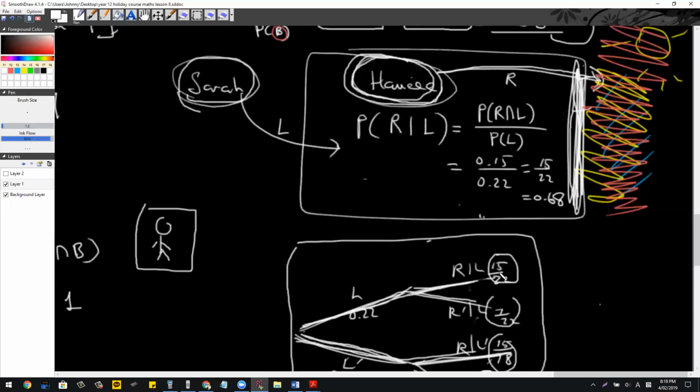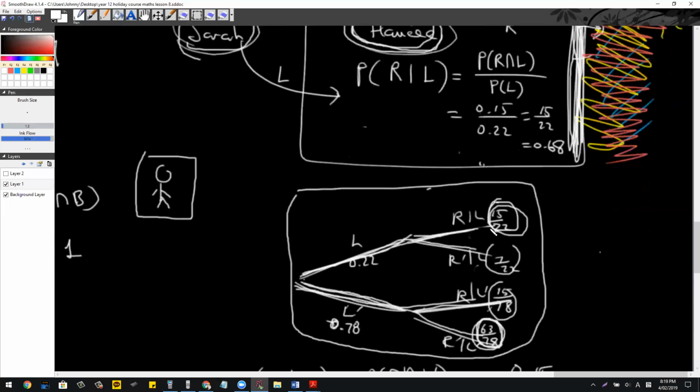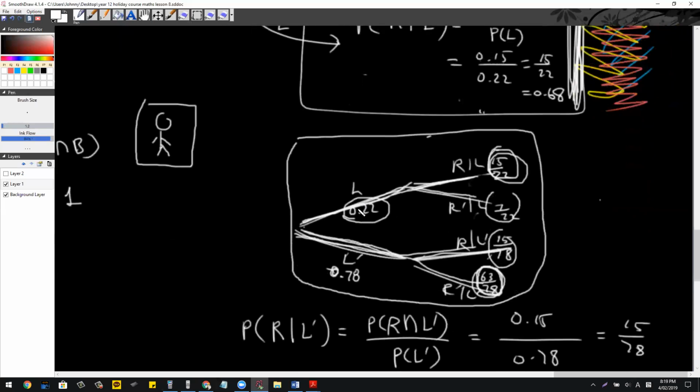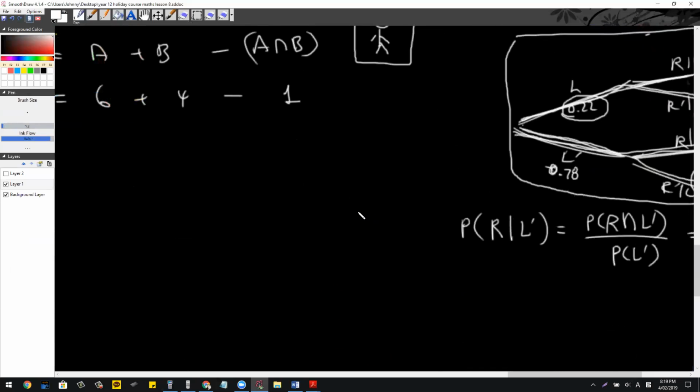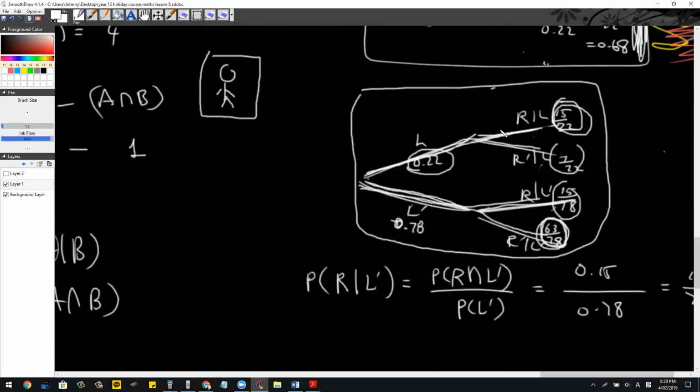So that's the difference between the given probability and the product of those two. You need to really make sure you know the difference between P of A given B and the probability of A and B. So that's just a single branch, selecting one of those.